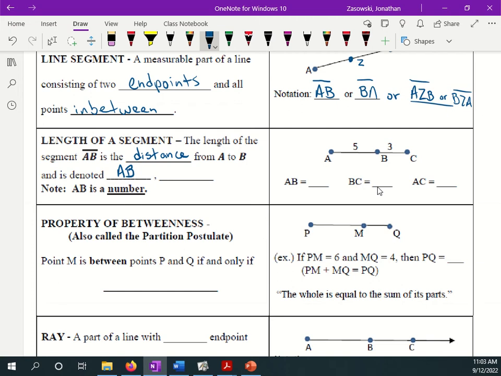That means the length of segment AB. Or you might see it written as DIST and then the 2 letters. The module sometimes uses this notation for distance of AB. You might also see absolute value bars, but it's the same thing. Anytime you don't see anything on top of it, that means the length of the segment, okay?